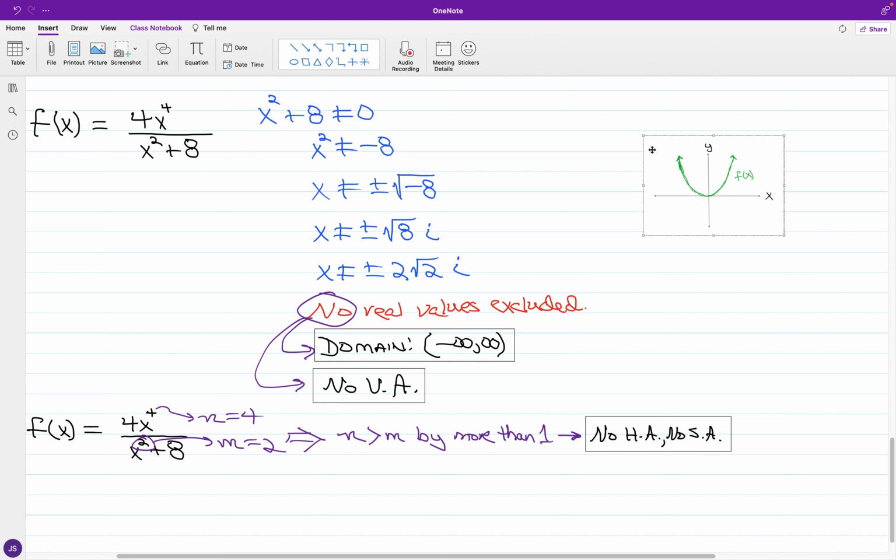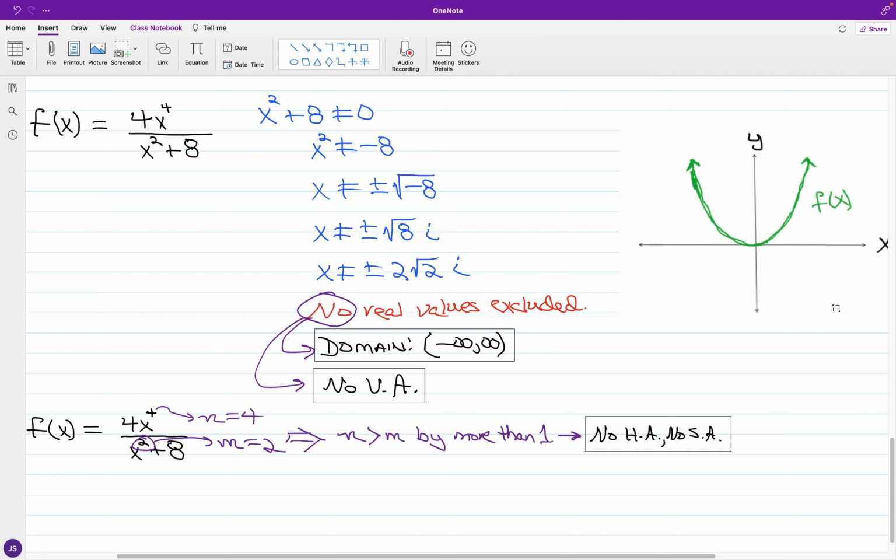And just for a rough appearance of this graph: once you get away from the origin, when you're close to the origin, it might seem to suggest that y is equal to 0 is going to be a horizontal asymptote. But as you get farther out to the right and to the left, you don't have anything coming close to bordering what might otherwise be the horizontal asymptote, the x-axis.